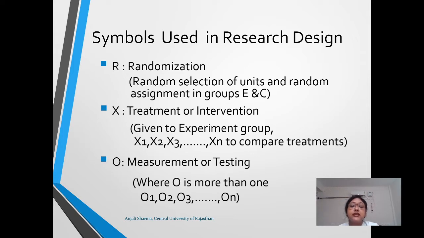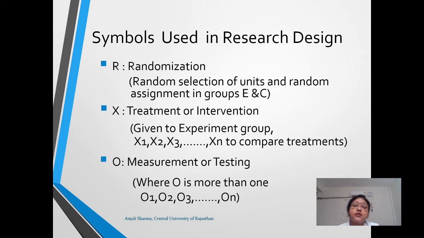You know that in experimental studies, it is well known that we are going to give some intervention, and on the basis of that intervention, we are going to see the effect of that intervention. And so we generally form the groups, experimental group and control group.